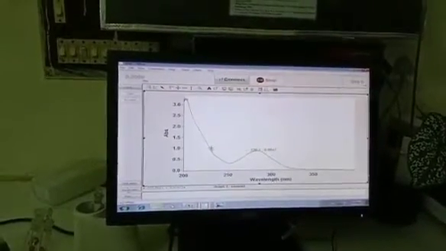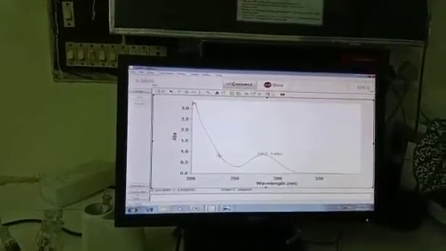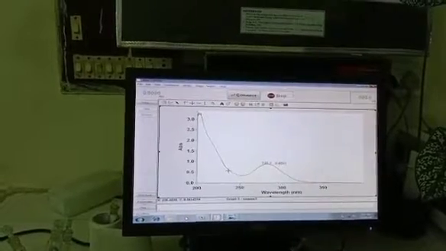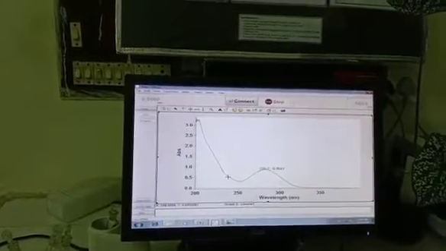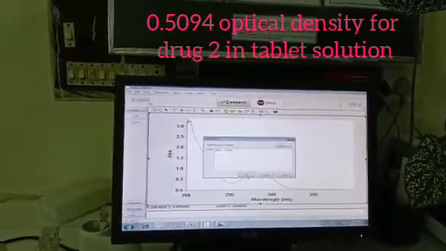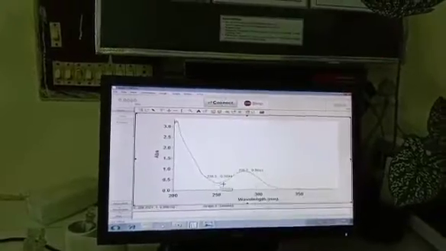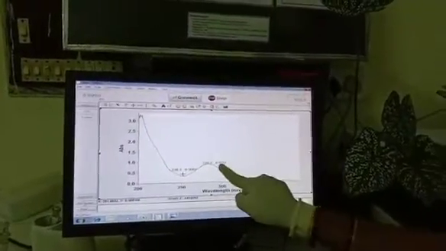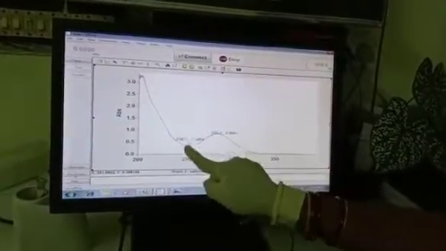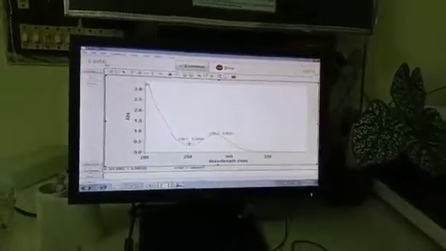And at around 238 nanometers, which is the lambda max for the other drug, I'll be clicking there and seeing the absorbance that I got, that is 0.5094. So for drug 1, the absorbance is 0.8041 in the tablet solution. For drug 2, the absorbance is 0.5094 in the tablet solution.